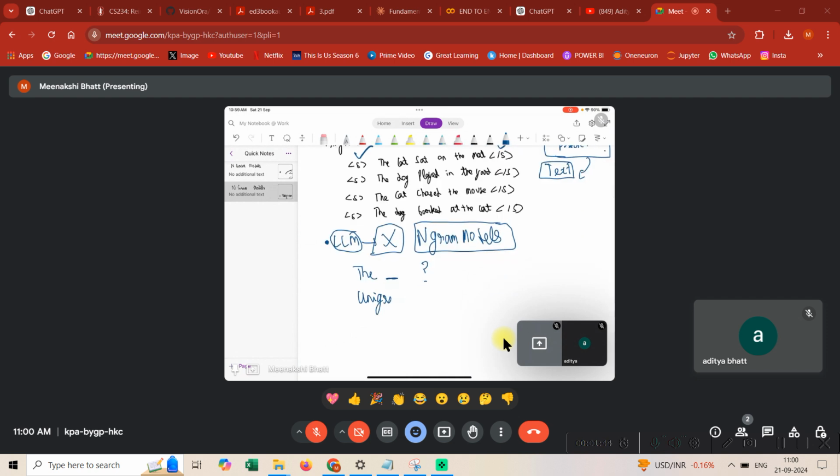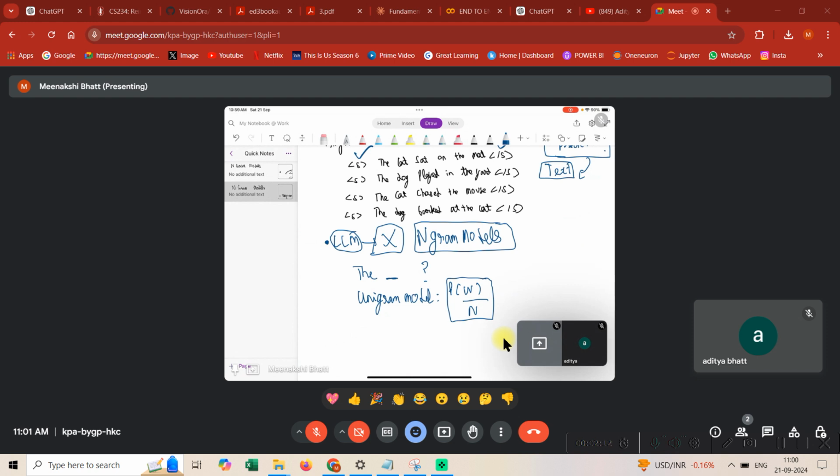a unigram model. The unigram model is very simple. In simple terms, it is the count of the word divided by n. So what are the words which can come after "the", based on the data set that we have?